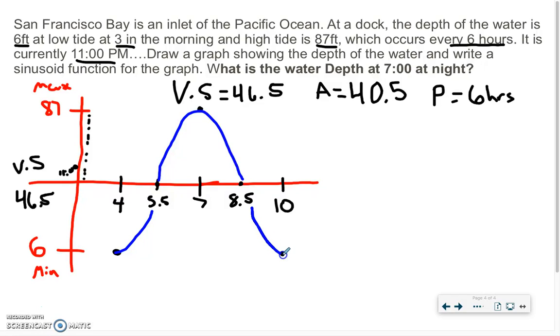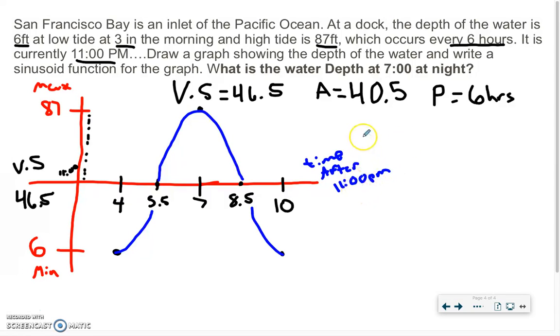Every 6 hours, it's going to repeat. So 4 o'clock to 10 o'clock is one complete tide. 10 o'clock to 3 o'clock, or 4 o'clock, will be the next one. So this is the time after 11 p.m.